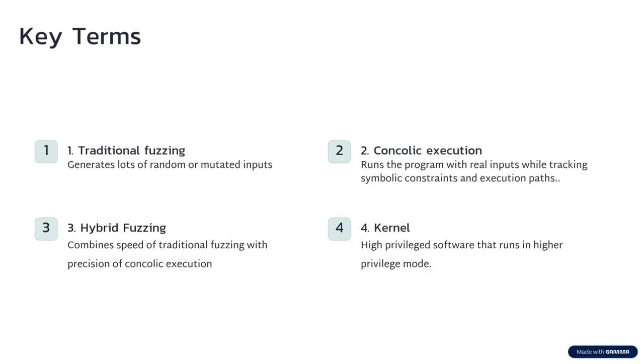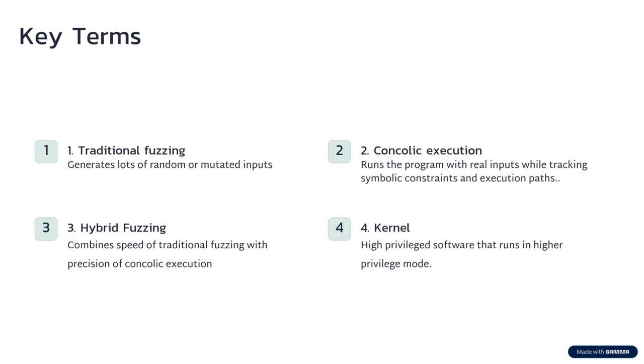These constraints are sent to something called a solver to generate new inputs that force a program down a specific unexplored branch. This makes it much better at handling some of those complex conditions that traditional fuzzing doesn't handle. The trade-off is that constraint solving is computationally expensive, so it can slow down and be very resource intensive.